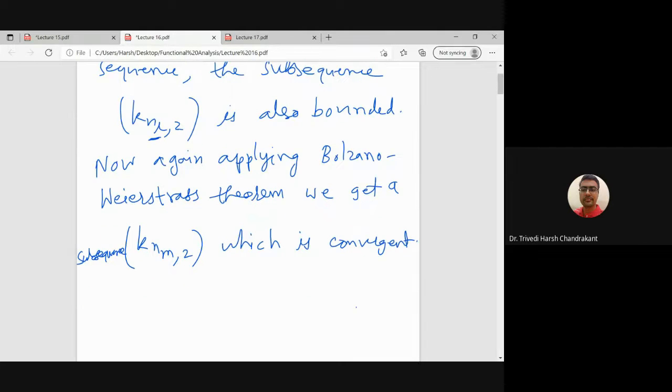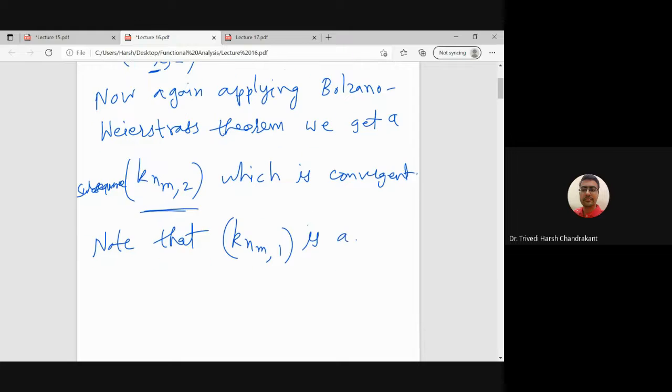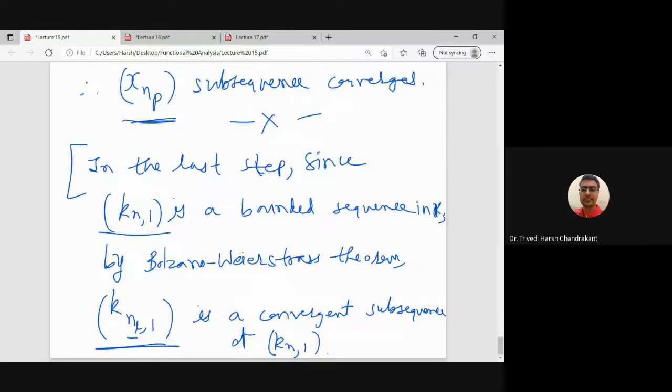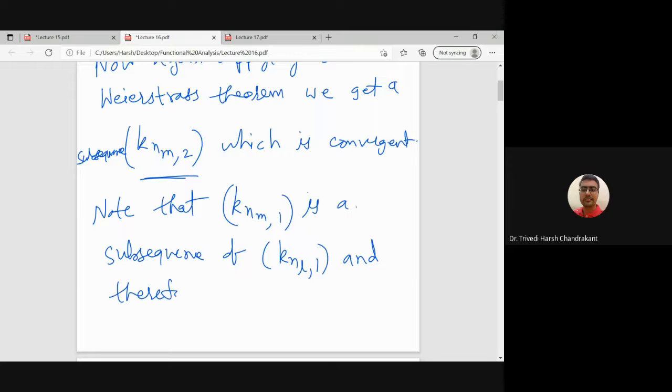Now, for this subsequence, we have the corresponding subsequence of the first coordinate. Note that K_{n_m}^1 is a subsequence of the first sequence, K_{n_l}^1, and therefore it is convergent, right?